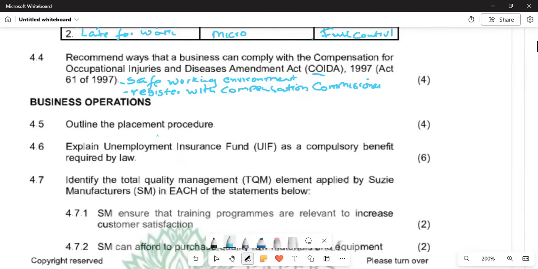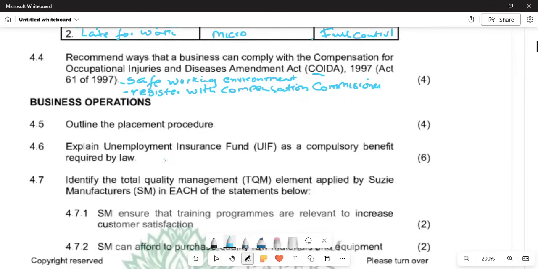Also, they are obliged to report all incidents causing death, injury or illness of the employees. They should also submit returns of earnings not later than 1 March annually. That is how they can comply with the compensation for occupational injuries and diseases.